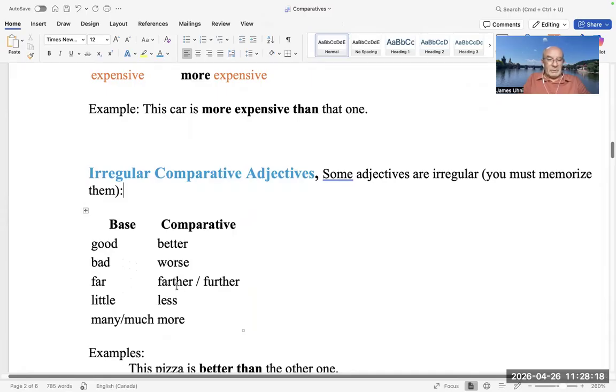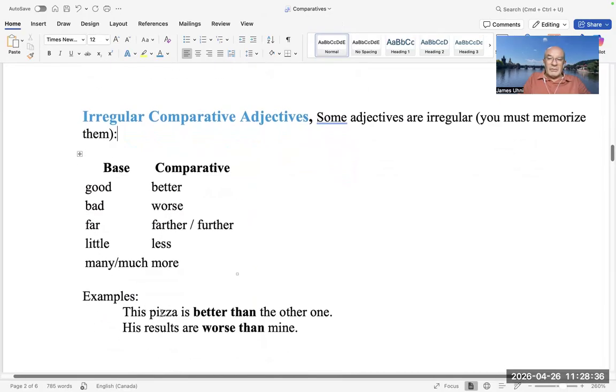Far, further, further. It has double spelling with U or with A. Little, it's not littler, it is less. Many, much, more. So these are irregular forms. There will be many more that you will learn, but you will understand that they cannot be used as base adjectives.